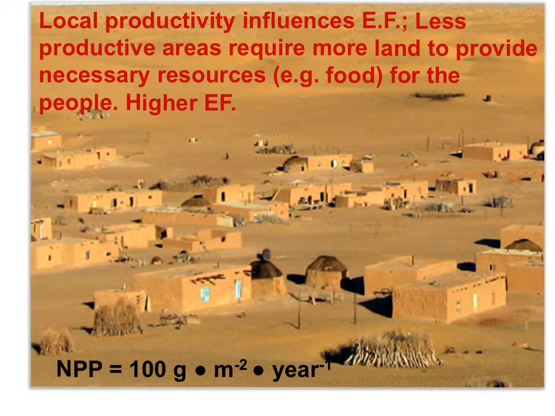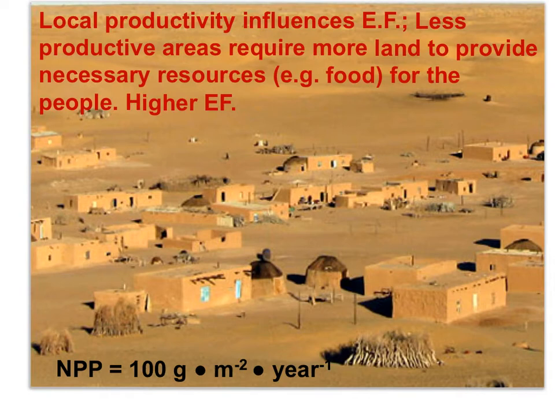The ecological footprint of a country, or the per capita ecological footprint for a citizen of a country, is dependent on local productivity. A less productive area, as you can see in this image, would require more land to provide necessary resources, such as food, for the people living there.